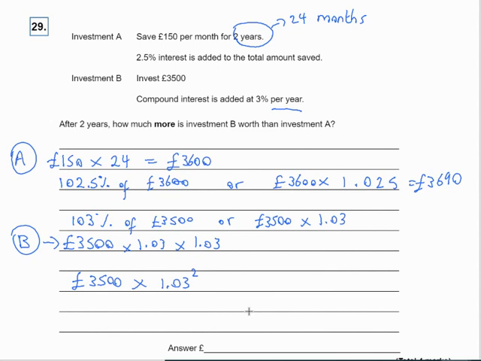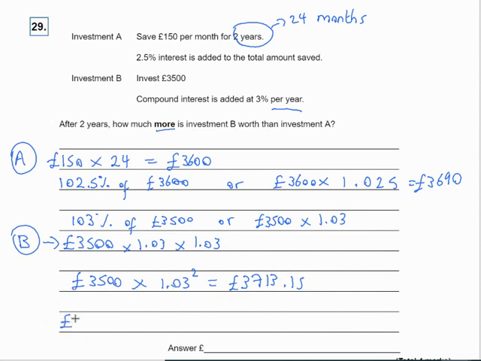Okay. Just putting that in the calculator. And that's going to be worth £3,713.15. And to work out how much more investment B is worth than investment A, we're just finding the difference.